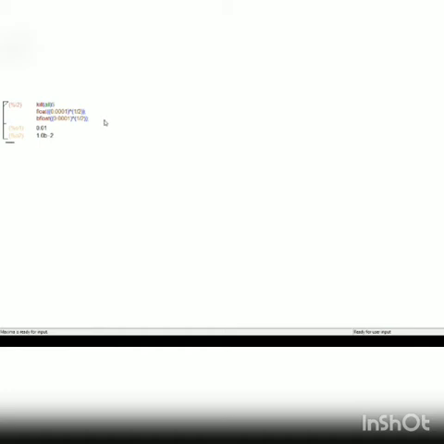See, square root of 0.0001 is 0.01, but if you want to shift this digit, then you have to multiply this by 10 to the power of minus 1.